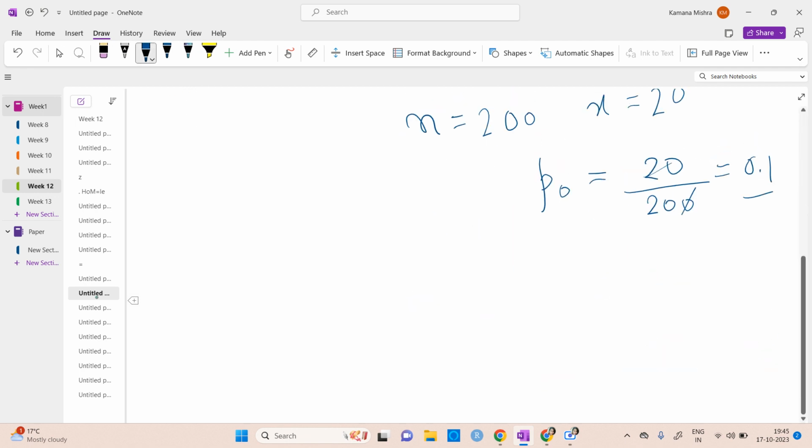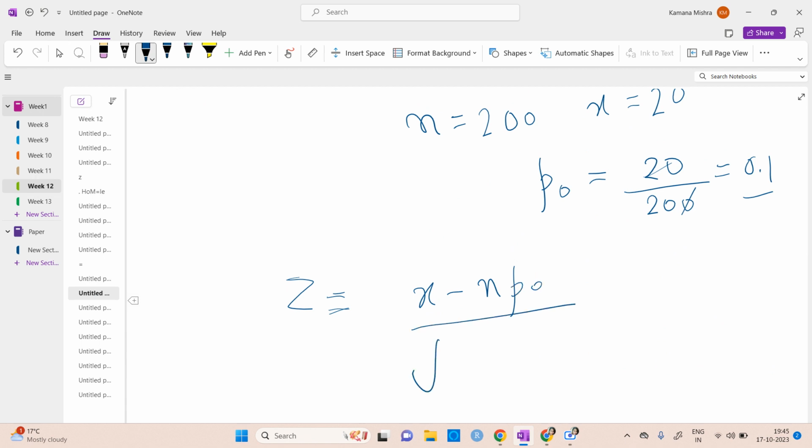Now we can find the z statistic. We can do it as x minus np0 divided by the square root of n p0 q0. You can consider it as a binomial, where np and npq are the mean and variance.